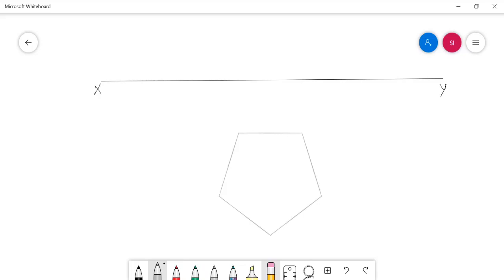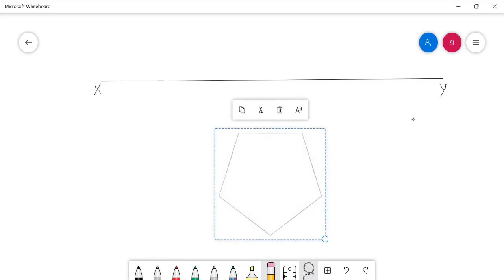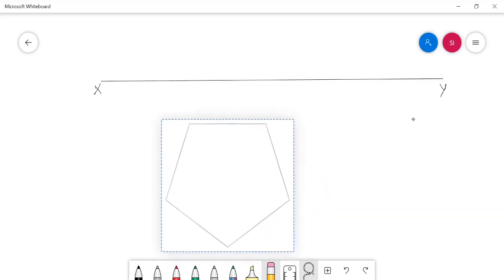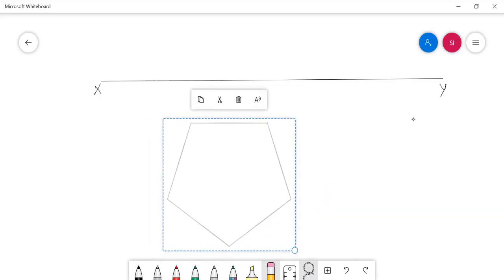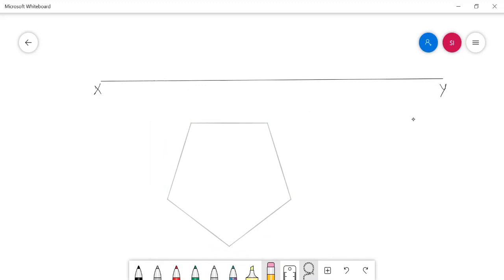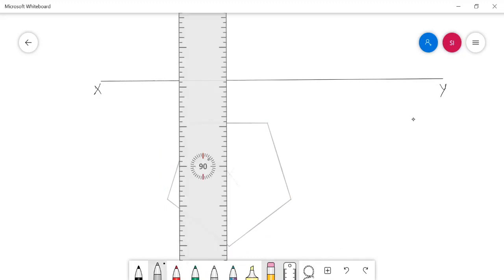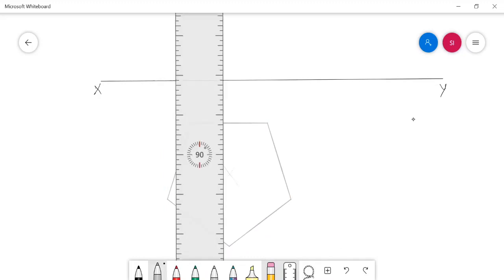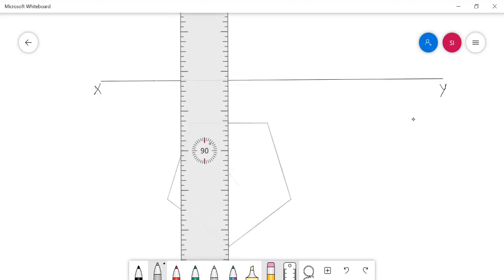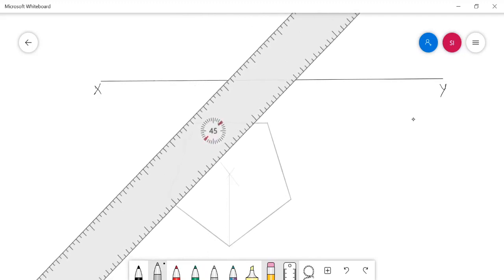Like this way, I have to draw. And it is a pentagonal pyramid, so I need to mark the apex point. After marking the apex point, I have to join the slant edges with a 2H pencil.